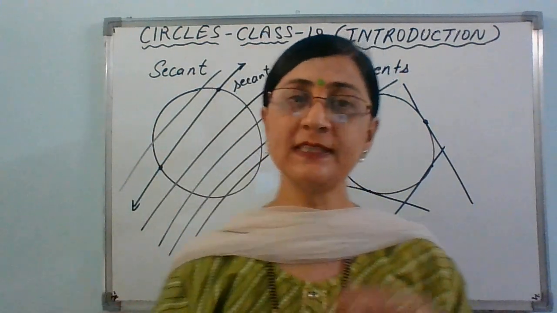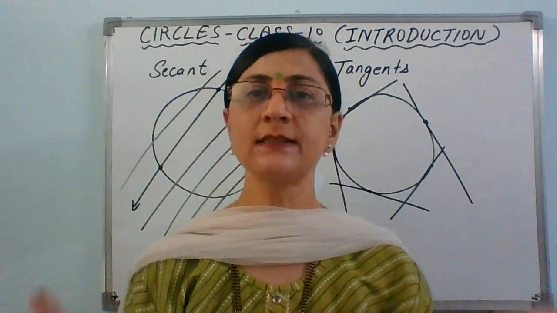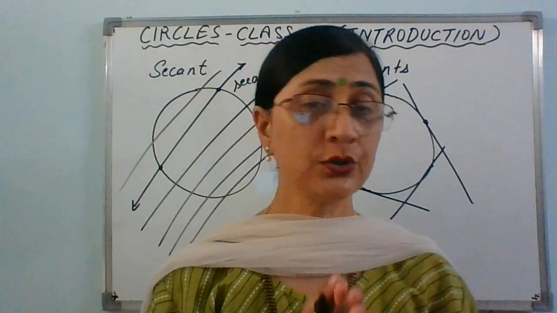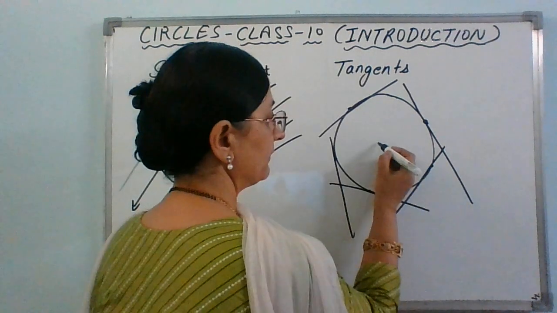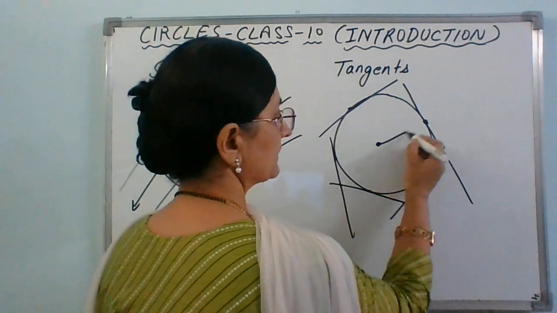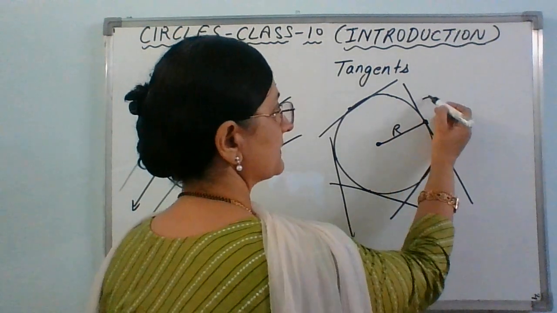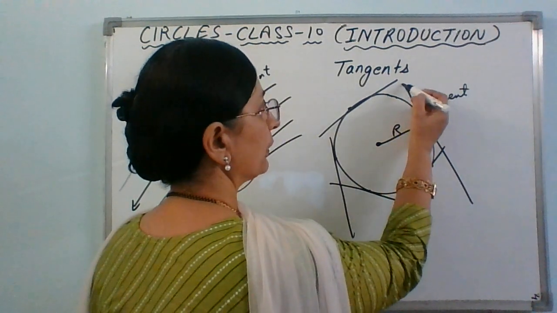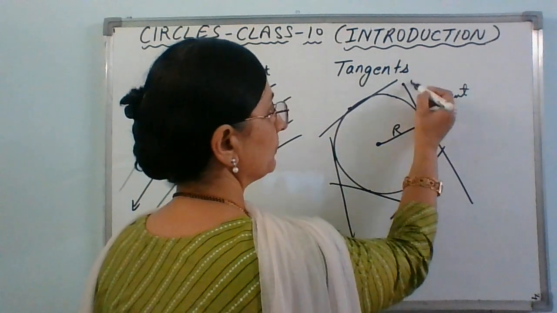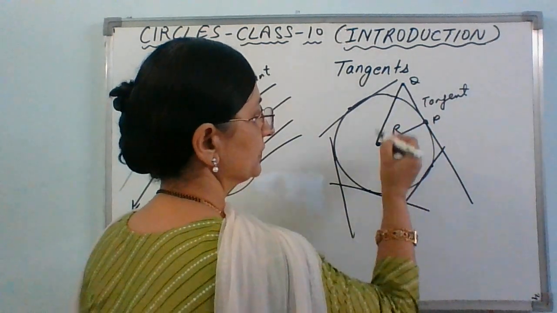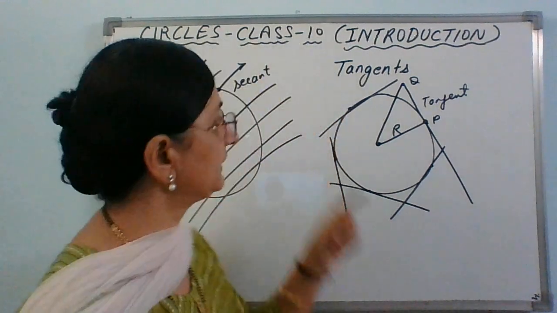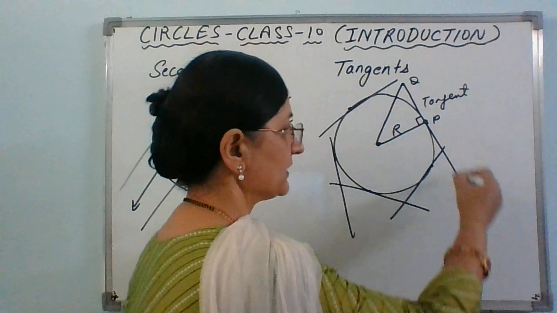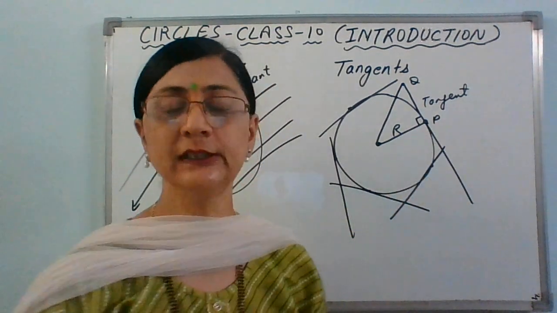So this was all about secants and tangents, because this chapter is all about tangents. Now you should know what the radius is. If this is the center, this will be the radius. This is the tangent, suppose PQ. PQ is a tangent, and if you join the point of contact with the center, there is one theorem: the tangent is perpendicular to the radius.